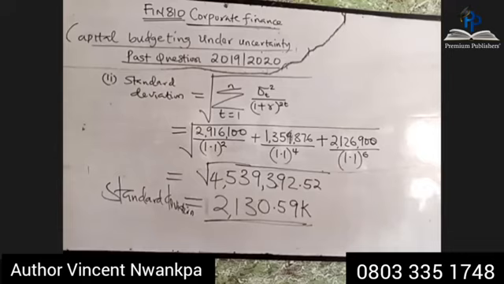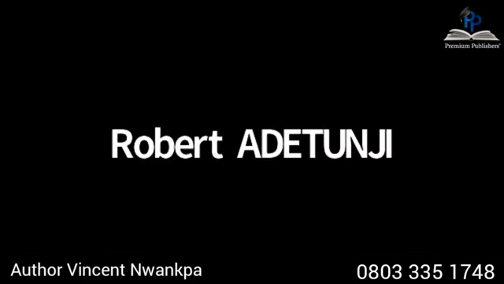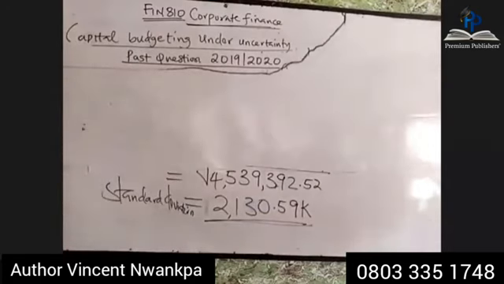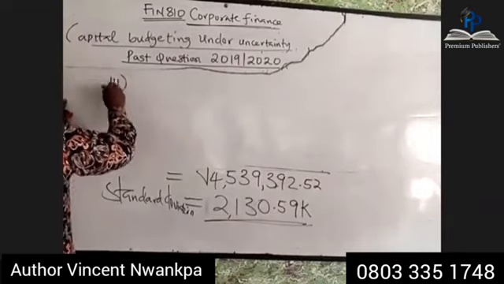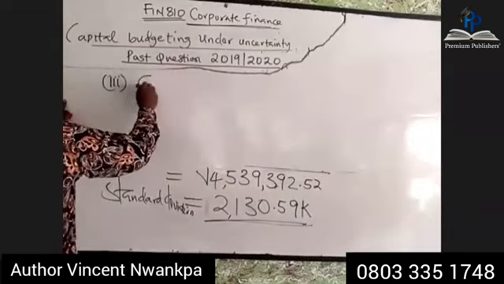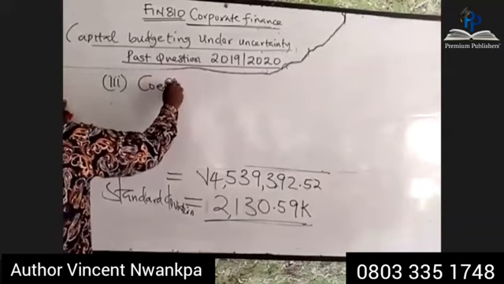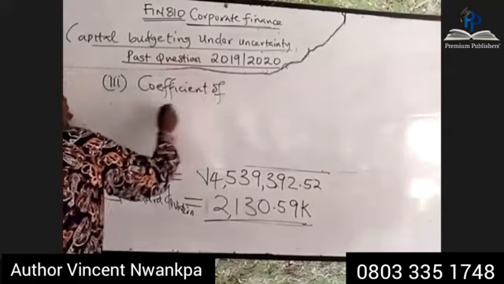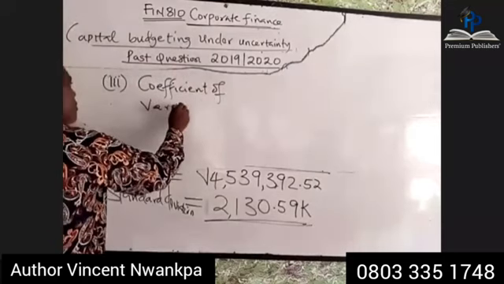The final question here is the coefficient of variance. Roman figure 3 is the coefficient of variance.